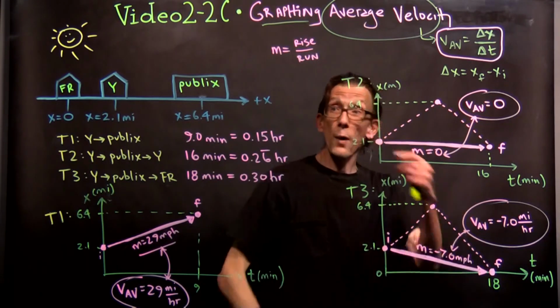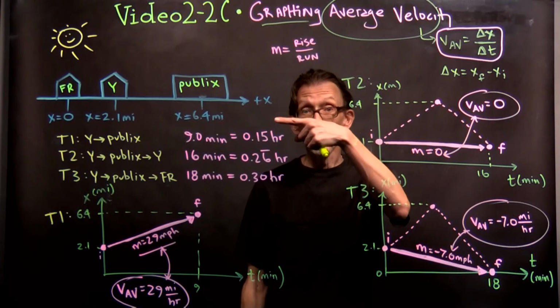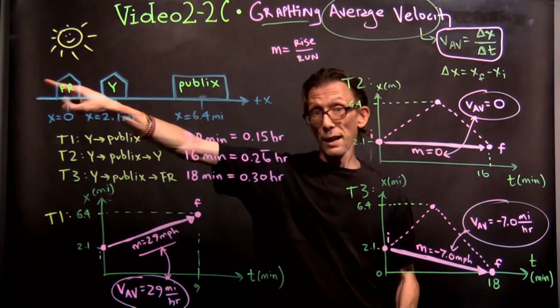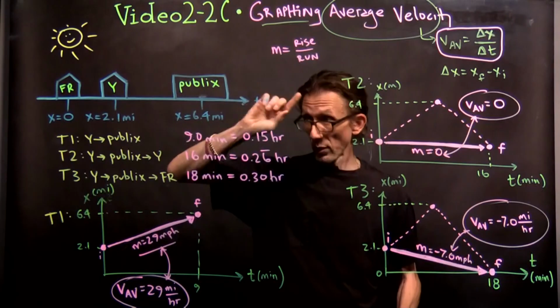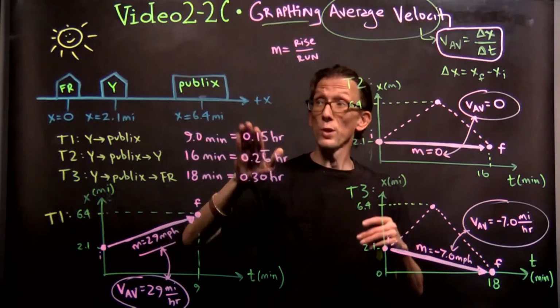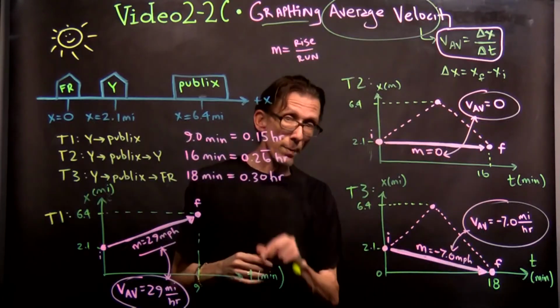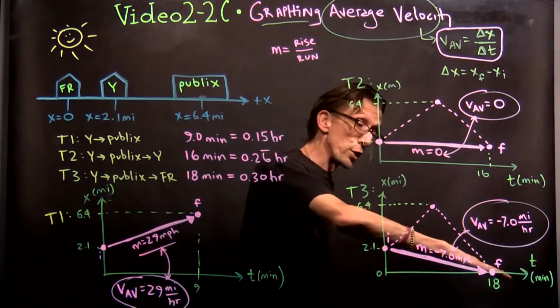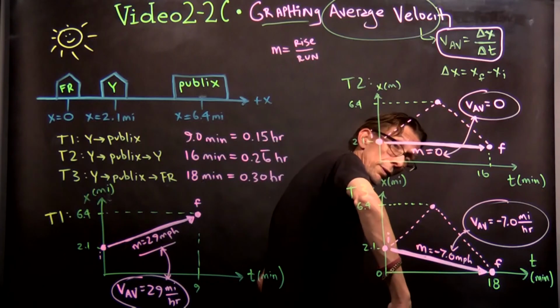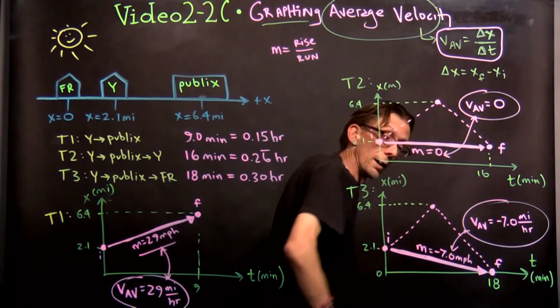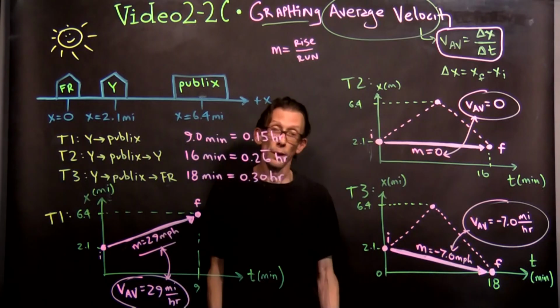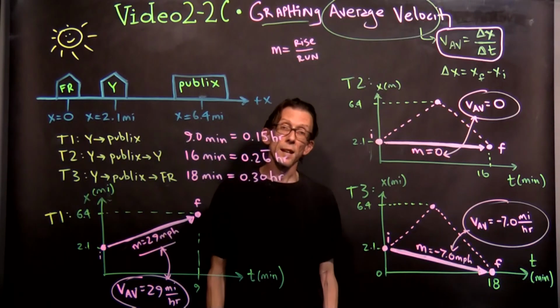But if we were going that way very fast, and got down to the negative part of the x, if our displacement was highly negative, or if our time was very small, then our average velocity would be highly negative. It'd be very steep going down. That's how the graphing works.